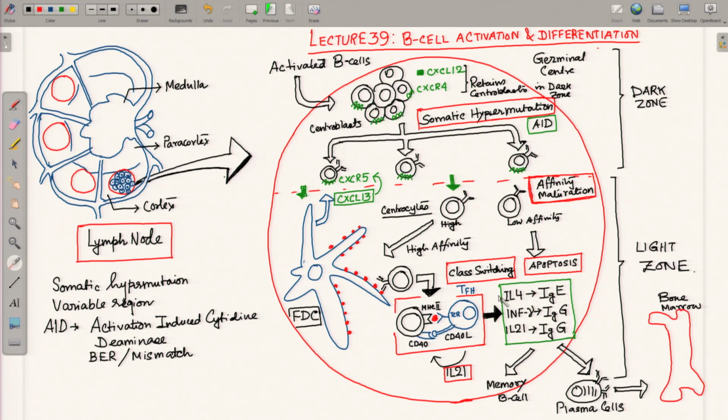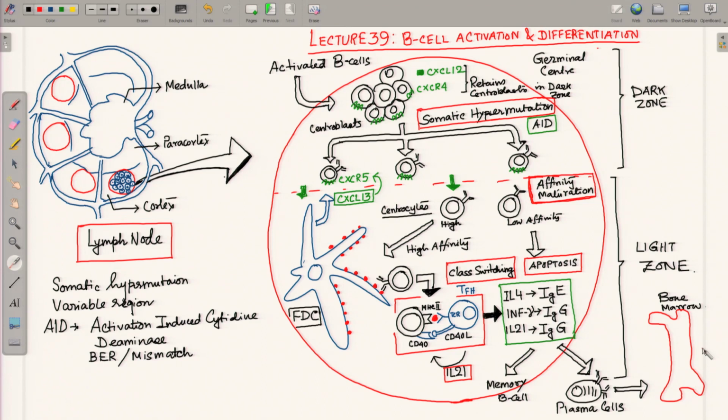So, class switching to different isotypes, and different antibodies will now be produced, like IgE and IgG. Then these B cells will differentiate into a memory B cell or a plasma cell, and finally this plasma cell will again migrate back to the bone marrow, where we started from, and start secreting the antibodies which mediate all these functions.